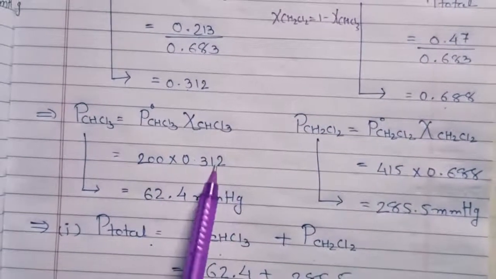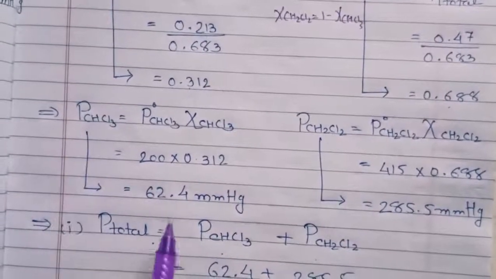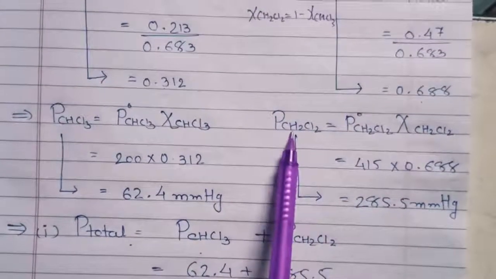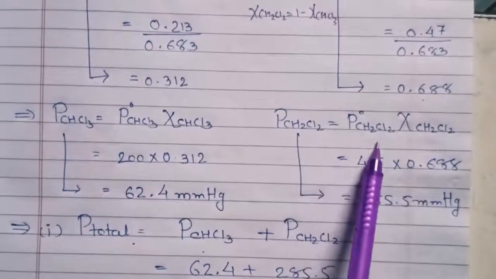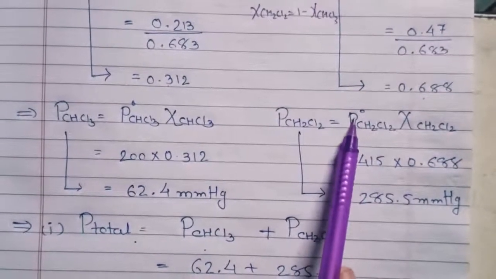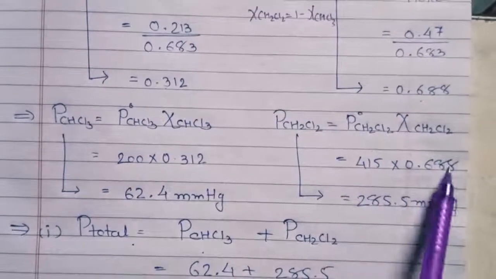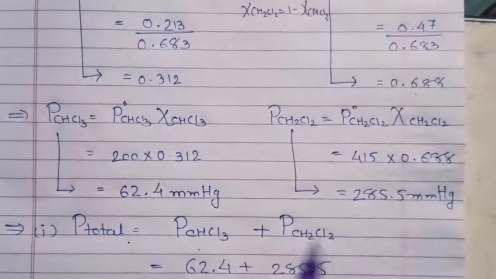So replace the values, you will get pressure exerted by the chloroform is 62.4 mmHg. Similarly, pressure exerted by CH2Cl2 is equal to pressure of CH2Cl2 in the pure form into mole fraction of CH2Cl2. Replace the values and you will get 285.5 mmHg, right?